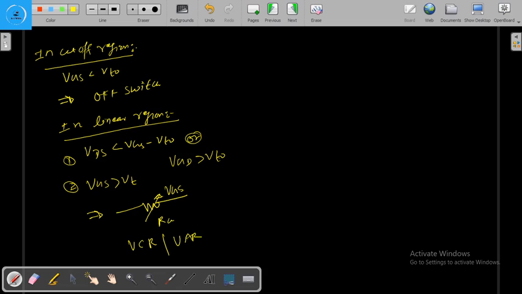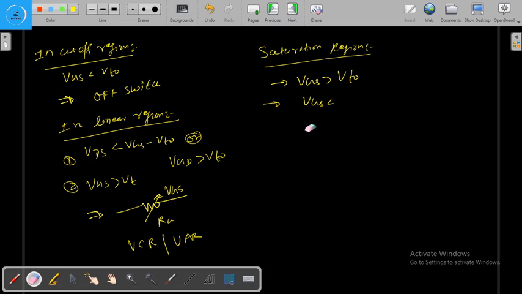Now our third region of operation is the saturation region. In the saturation region, the condition is VGS is greater than VT naught, because this is required for channel formation, and our second condition is VGD should be less than VT naught.